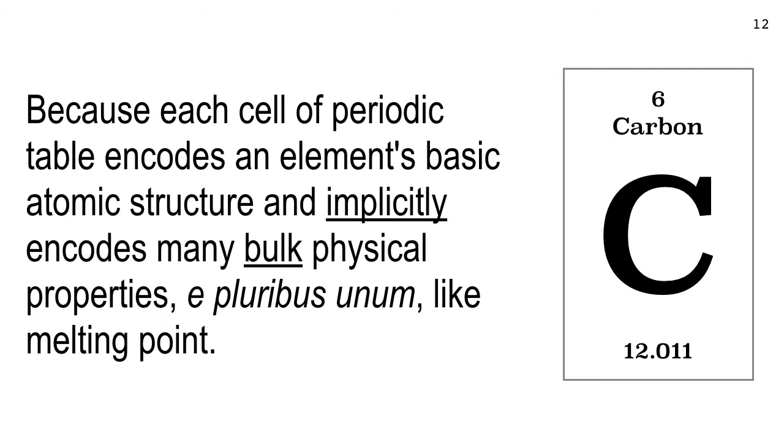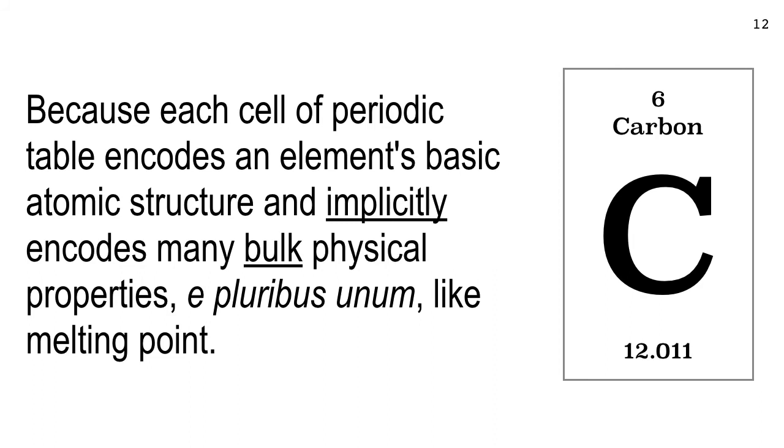The 6 signifies that in the nucleus there are 6 protons, and in a neutral carbon atom there will be 6 electrons. Okay, a proton is positive charge, the electron is negative, so 6 and 6 means you've got a neutral atom.